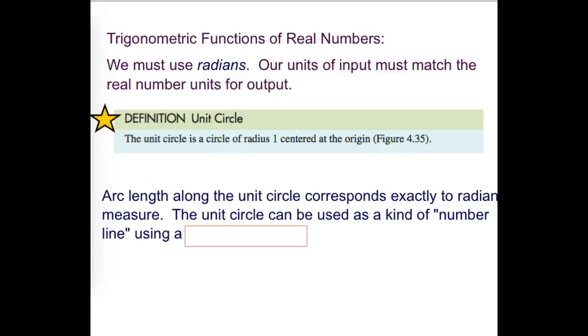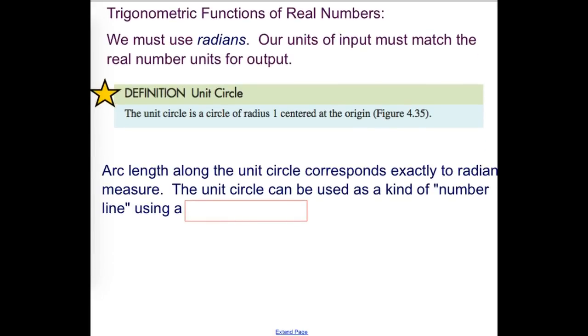We have to think in radians so that our inputs and outputs are all real numbers, instead of degrees. The unit circle, I've been referring to that several times over the last few days. It's defined as a circle of radius 1 centered at the origin. So pretty much your most basic circle that you can draw.